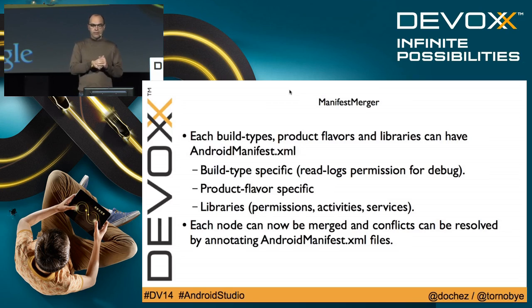So you can think about, for instance, that a build type variant will actually need some specific permissions, right? You might want to be able to read the logs. Some other ones were suggested by Tor earlier. You may have product flavor specific ones. For instance, your free version doesn't save anything, but your pro version is using the storage to save stuff.